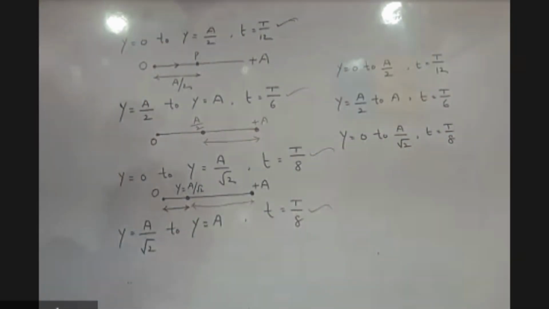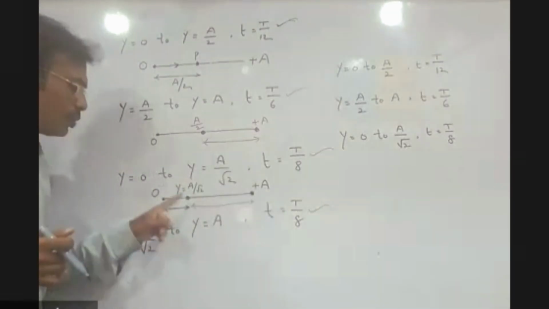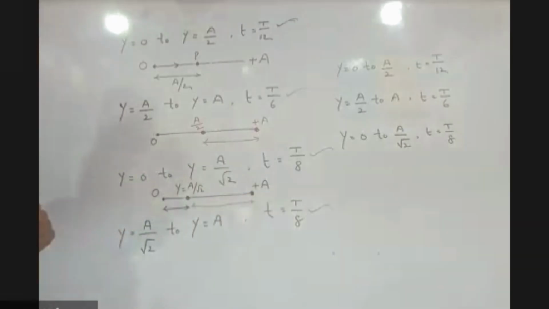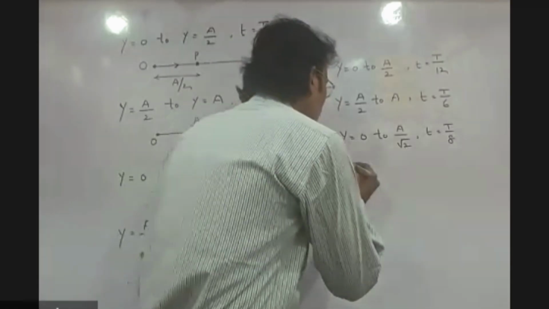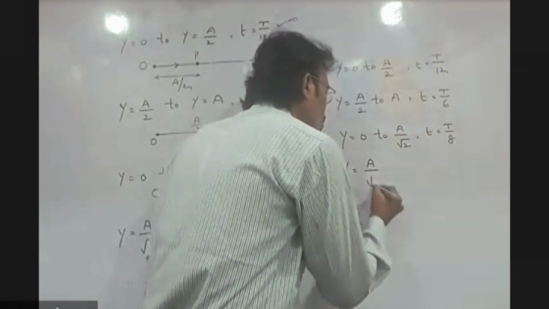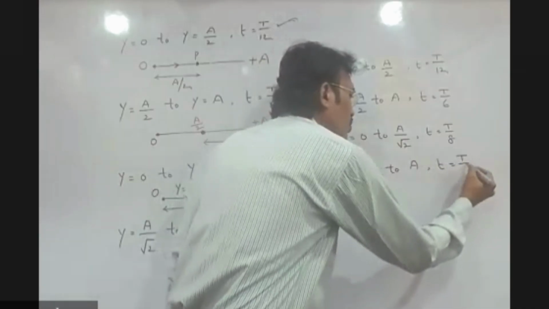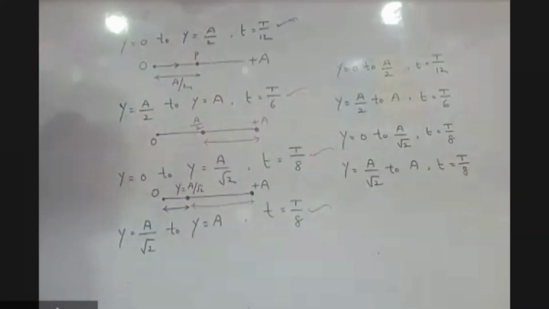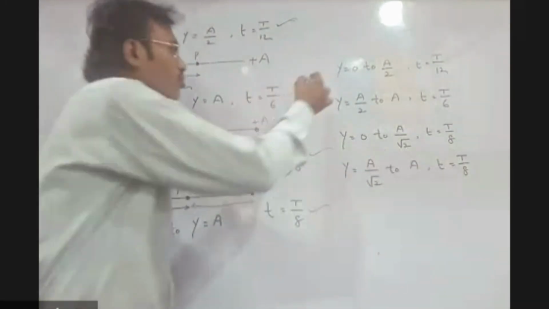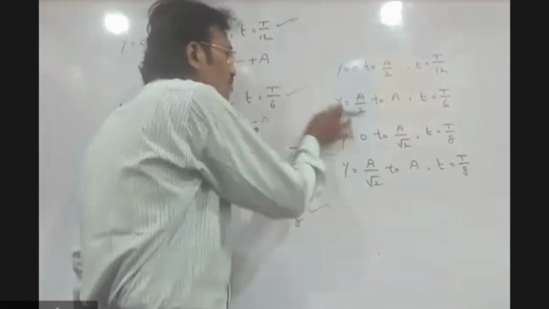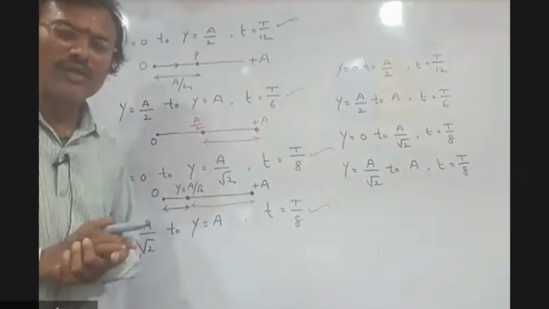And again from A by root 2 to the remaining distance A, the time taken by the particle to reach the extreme end is T by 8. So these are the four values you need to remember. Thereby you can do the numericals easily. Okay, are you getting it?